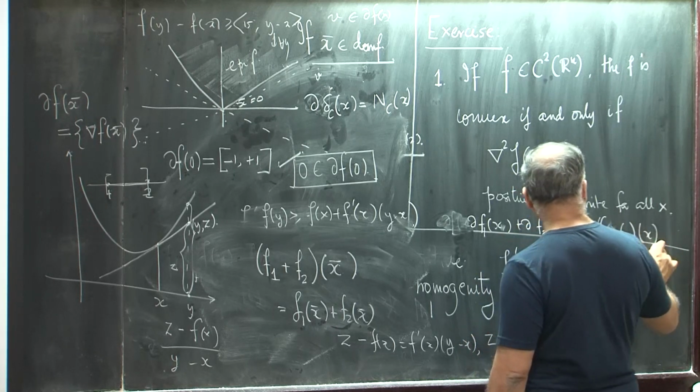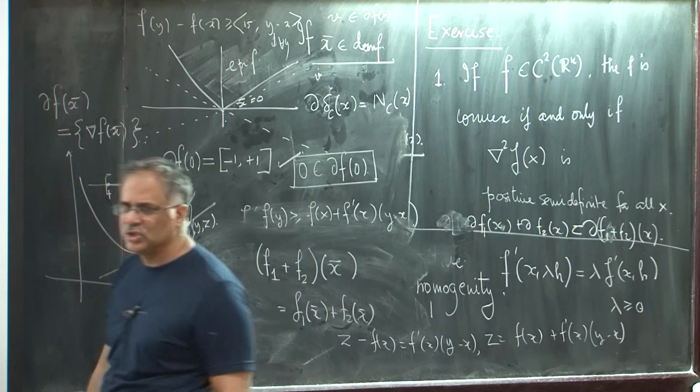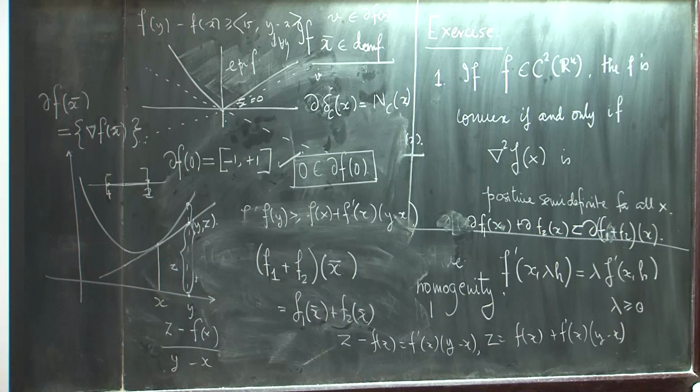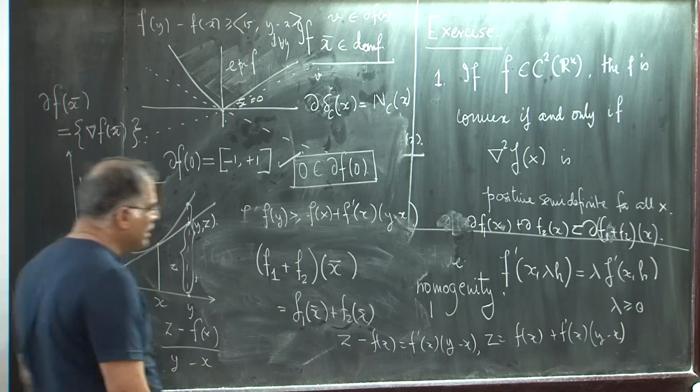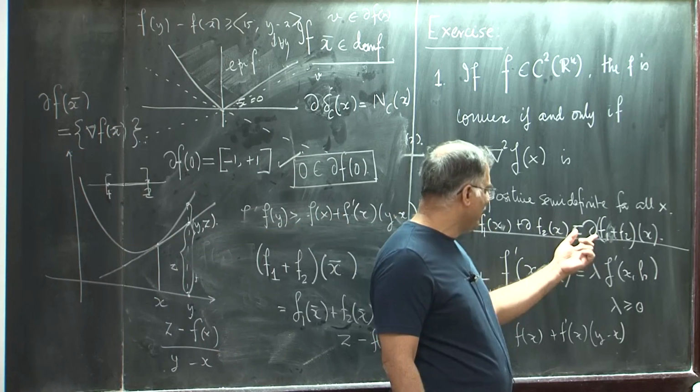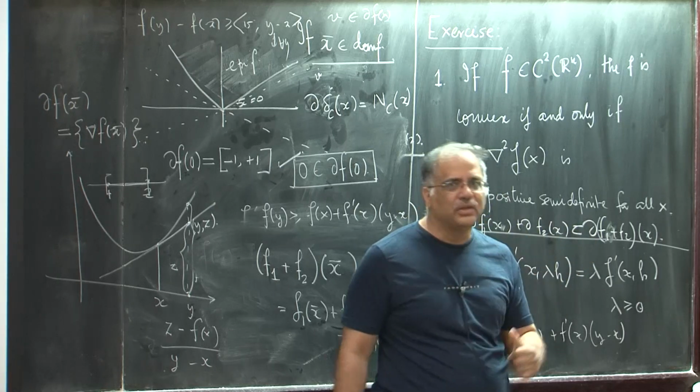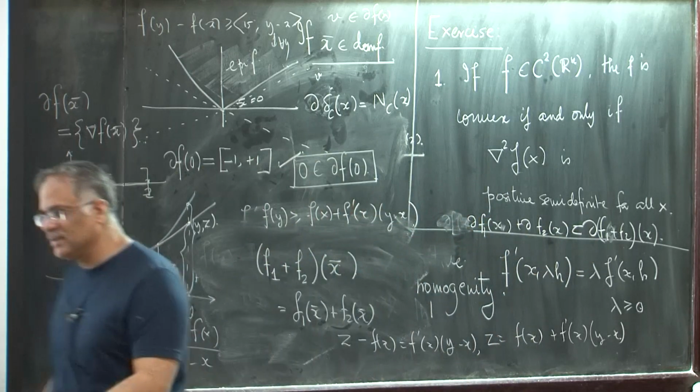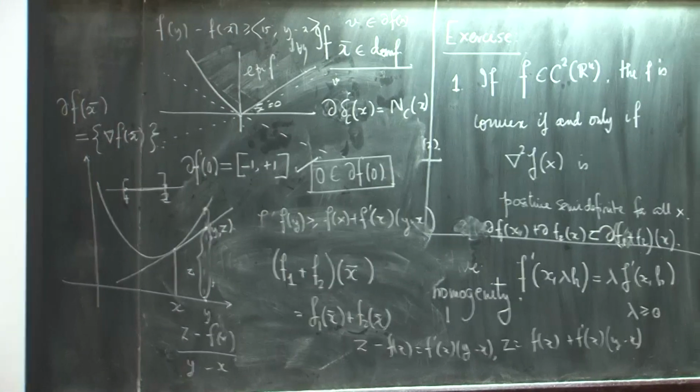This can be proved very easily by applying the definition of the subdifferential. Let them try it out in the class. But to do the reverse, to show that this is a subset of that, is a difficult job. It needs certain more separation theorems and all those things.